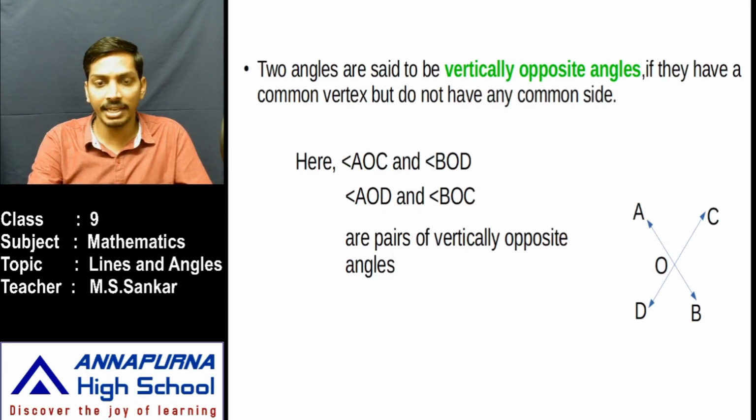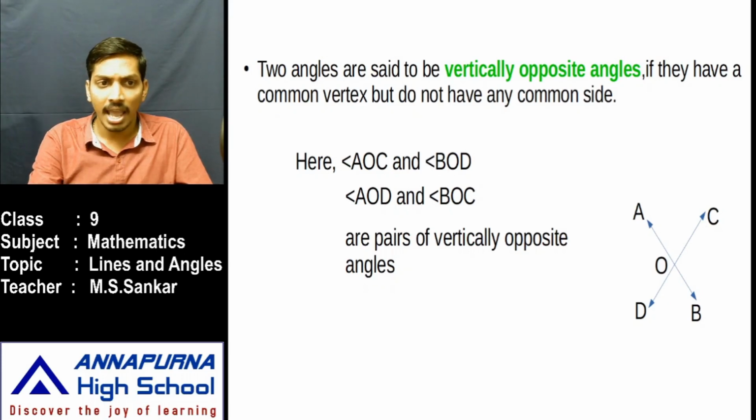AB and CD are two intersecting lines. O is the common point. The lines AB and CD form four angles: angle AOC, angle COB, angle BOD, angle AOD.